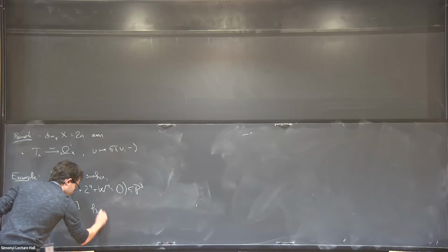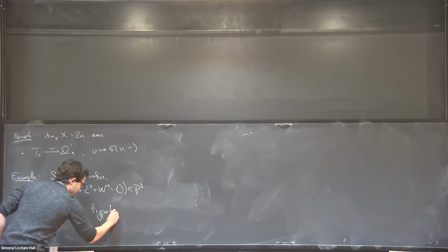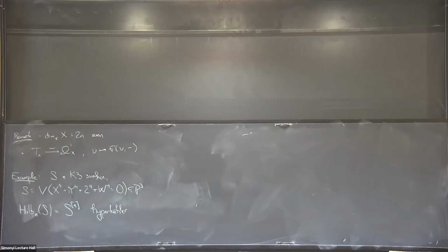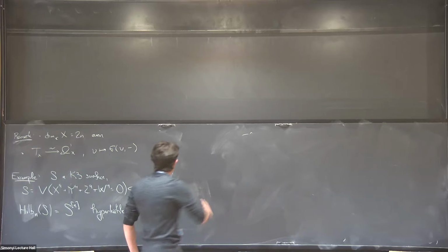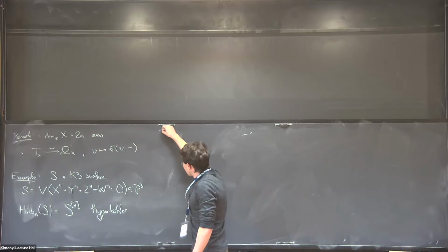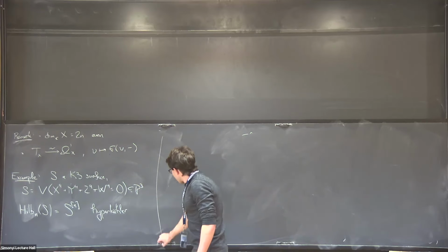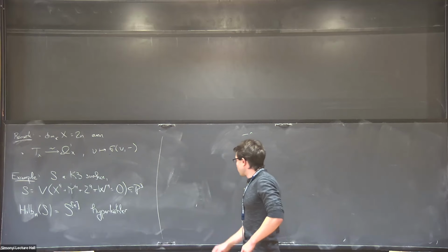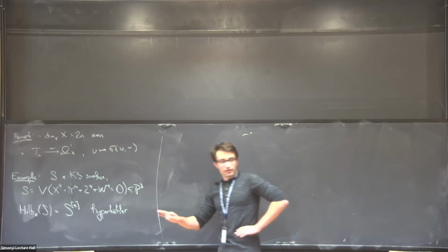One can check that it inherits a non-degenerate holomorphic symplectic form, and that it is also K-trivial. In fact, it is simply connected and thus hyperkähler. Okay, so any questions on that?